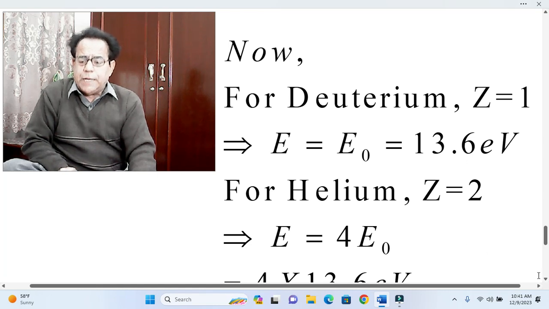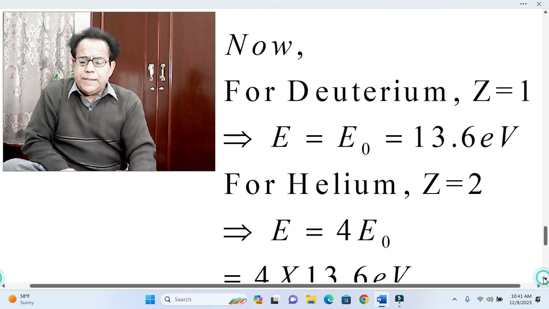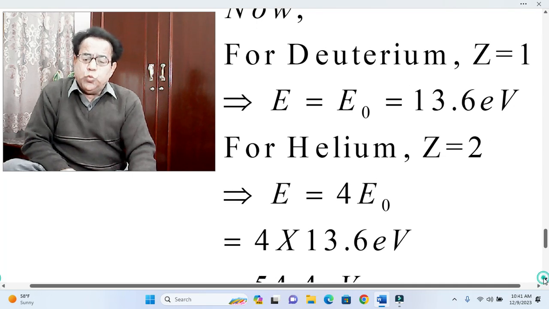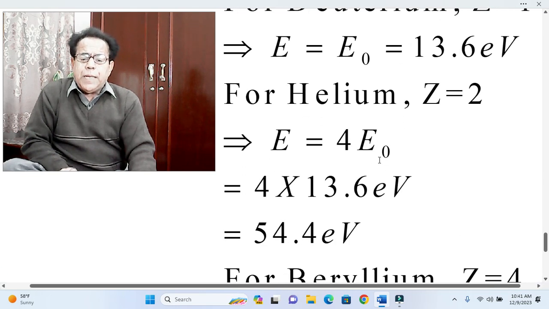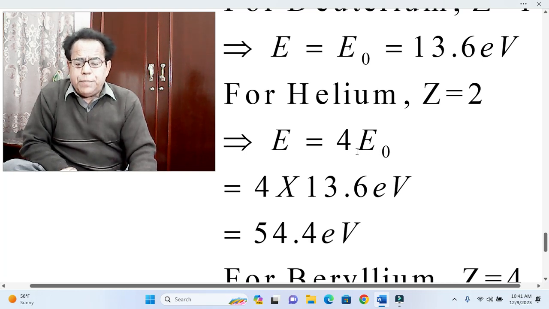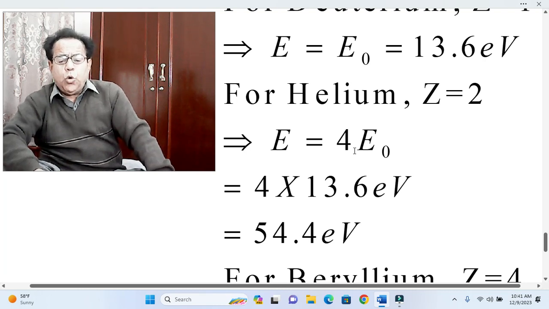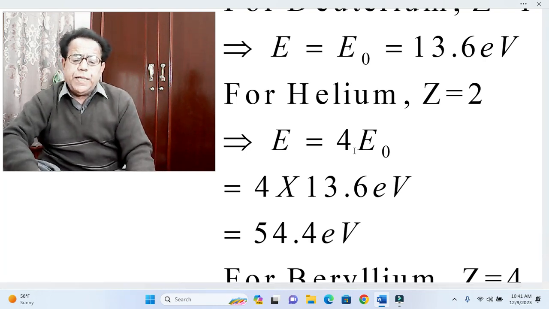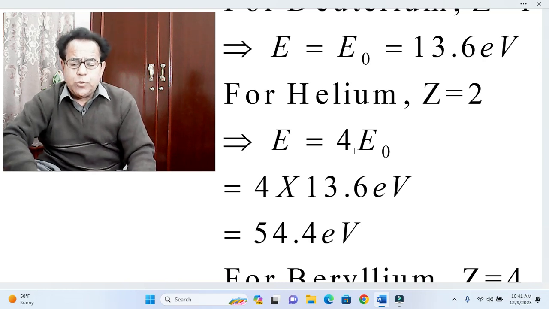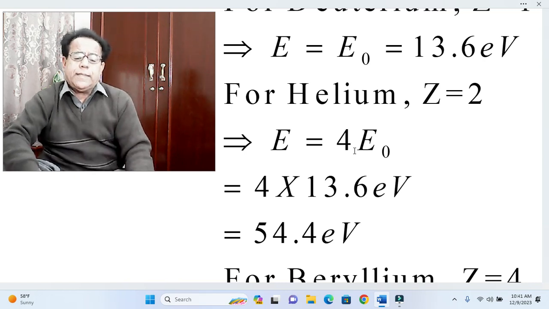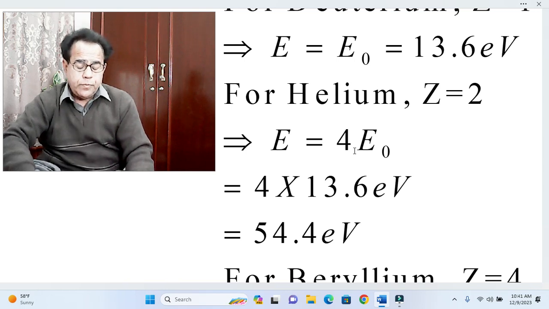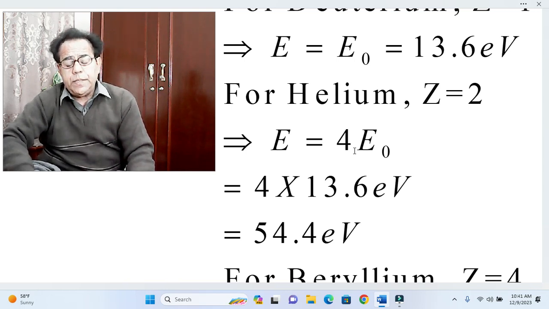However, for helium, atomic number Z is not 1, rather it is 2. So E will become equal to E naught multiplied by 4, because the square of 2 is 4. So E will become 4 E naught, and in place of E naught we will use 13.6 electron volt, and hence for helium E will become equal to 54.4 electron volt.